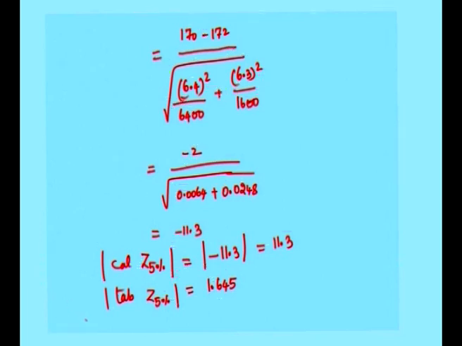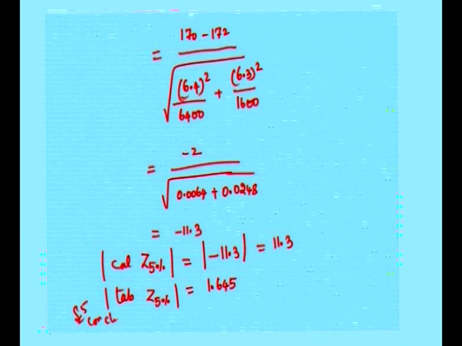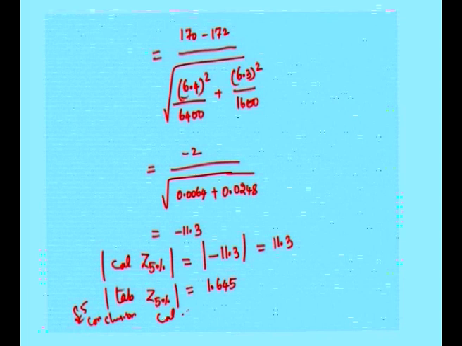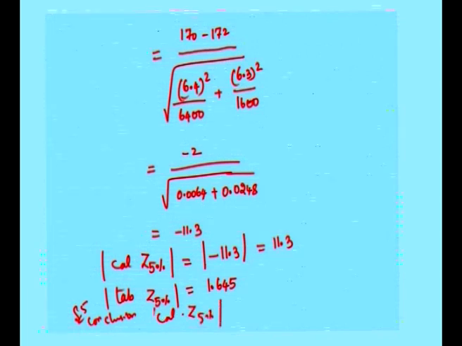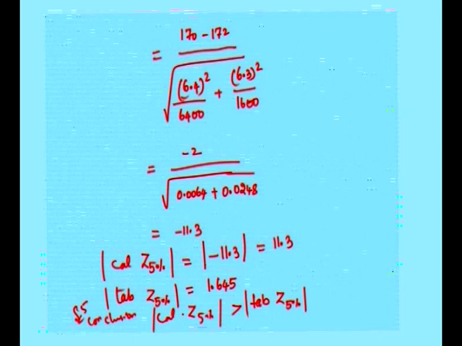Now, conclusion says calculated value Z at 5% is greater than tabulated Z at 5%. Okay. Therefore, H naught is rejected.